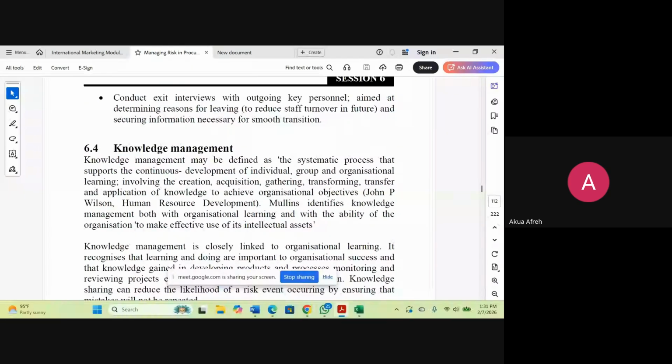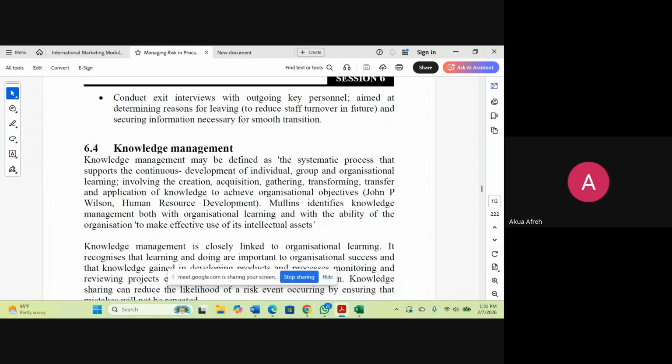And the last one, when somebody is leaving, we can conduct an exit interview for the people that are leaving the organization, of which I'm not sure in Ghana this is something that we do, or even want to do.